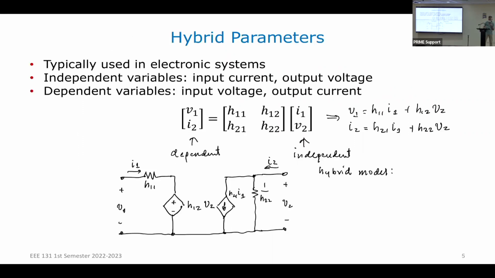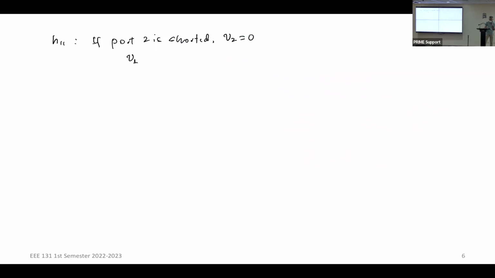No? And therefore V1, which is equal to H11I1 plus H12 V2, ito 0. This will be 0. So what is H11? H11 is equal to V1 over I1, okay, with port 2 open.